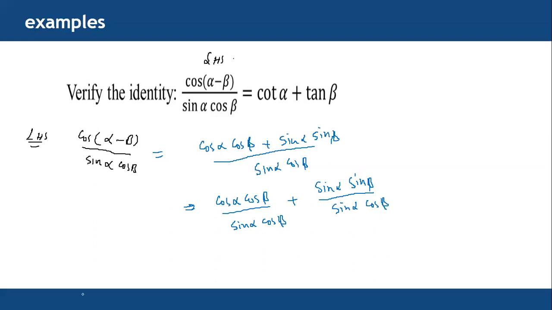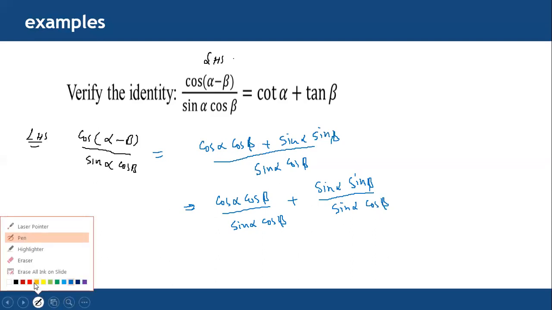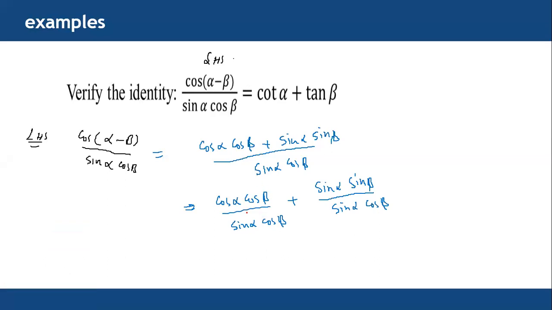If you cancel these, cosine beta cancels with cosine beta, and sine alpha cancels with sine alpha.